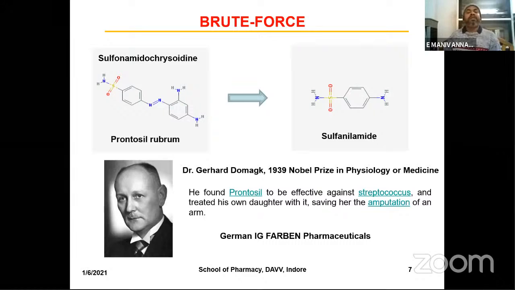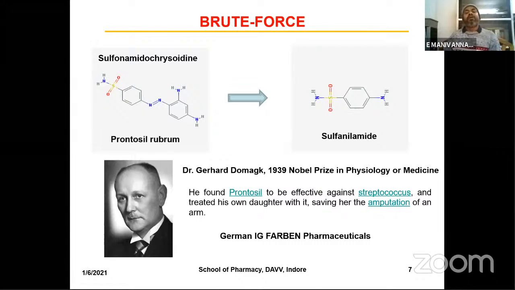In those days, the German industrial revolution made a large number of textile industries where they used chemical industry, and they produced a large number of dye substances. The dye substances were screened for different pharmacological effects.